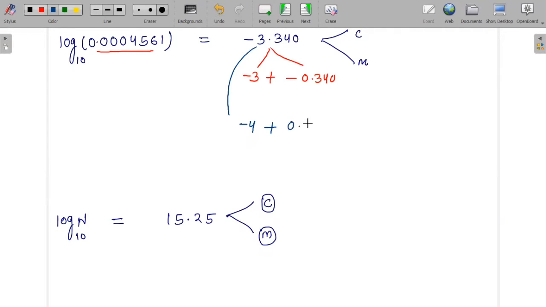It will be 0.660, correct? So by that manner, the characteristic is equal to negative 4 and the mantissa will be 0.660.